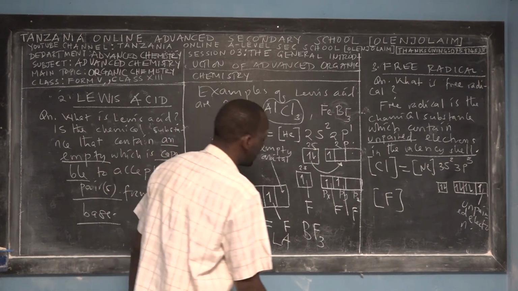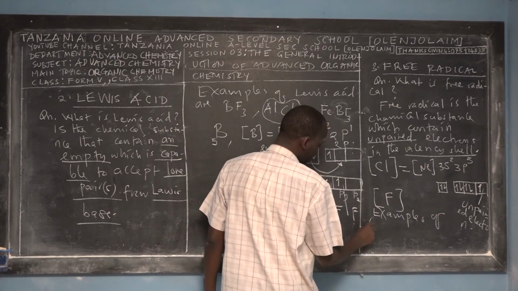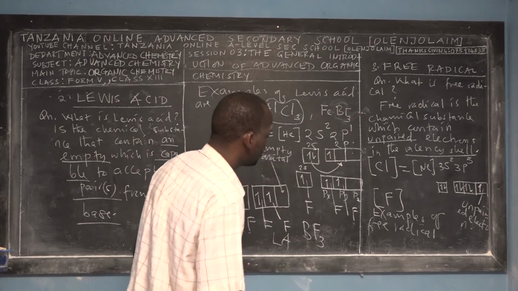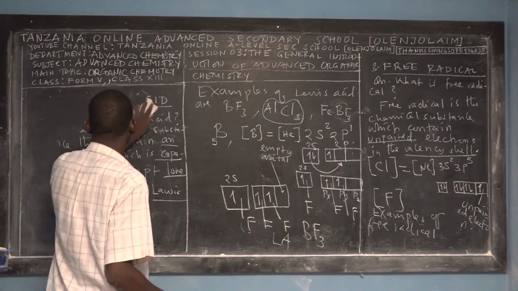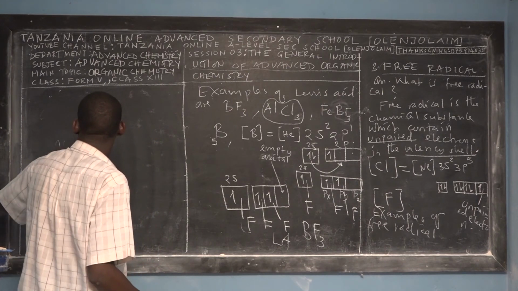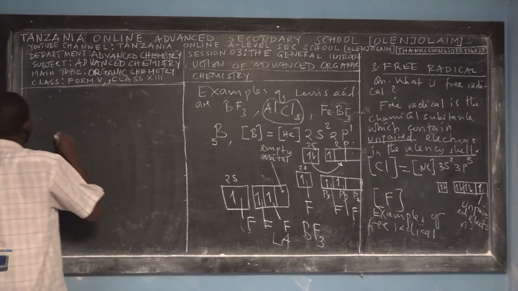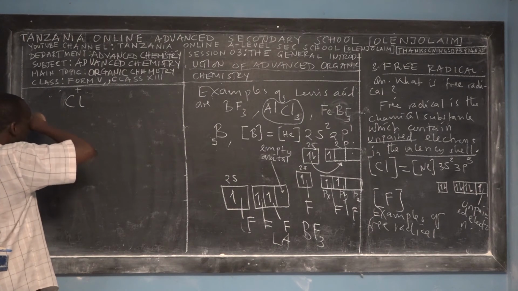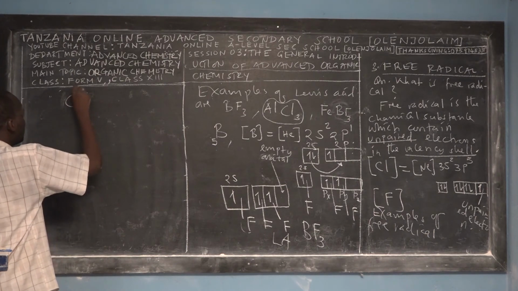So, examples of free radicals. Chlorine, this is the symbol.